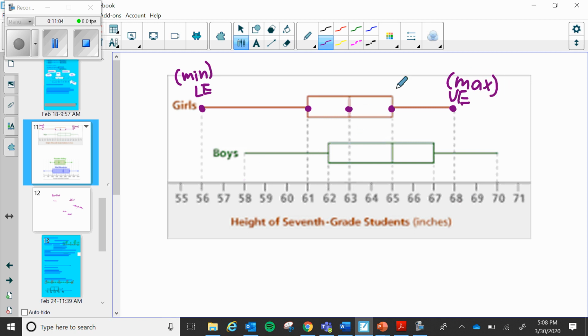But remember to use that specific vocabulary of lower extreme and upper extreme. I know you guys understand maximum and minimum, but with box and whisker plots and really anything with statistics, it's really important to make sure you're using that really good math vocabulary of upper extreme and lower extreme.